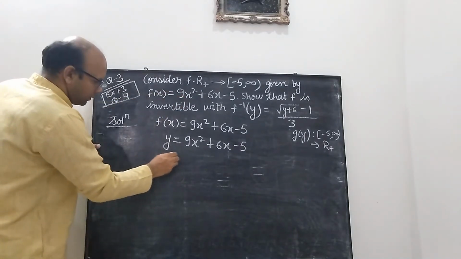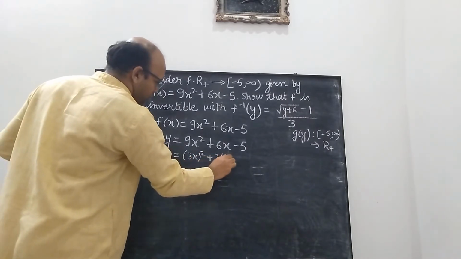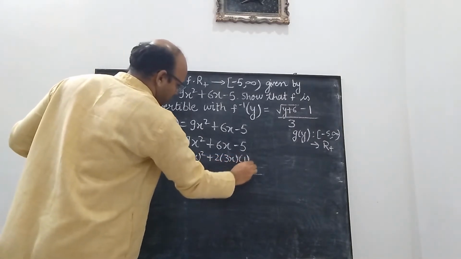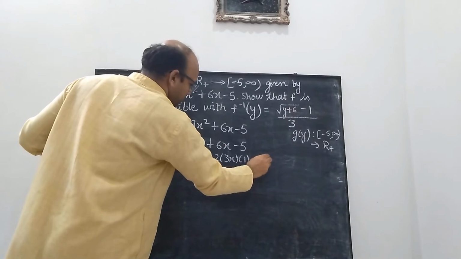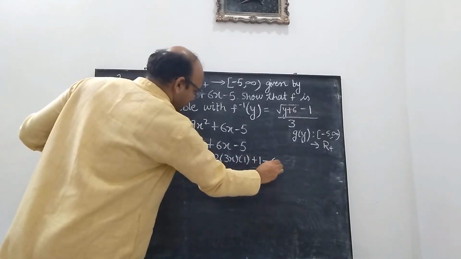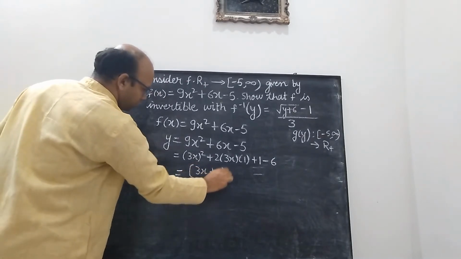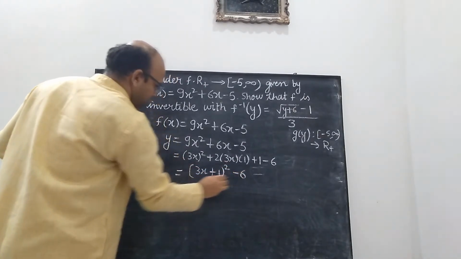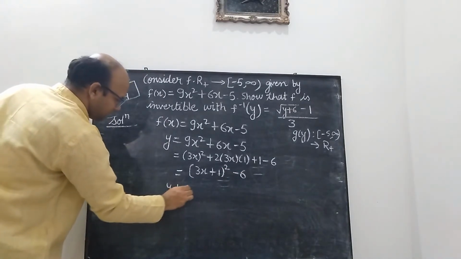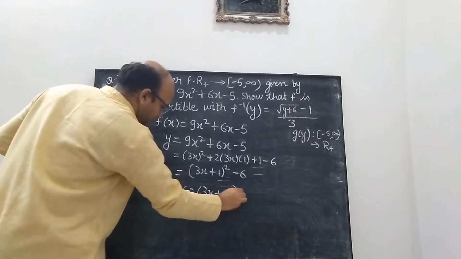So this can be written as (3x) whole square plus 2 into 3x into 1, this is plus 1, then minus 6. So this will be (3x plus 1) whole square minus 6. y plus 6 is equal to (3x plus 1) whole square.